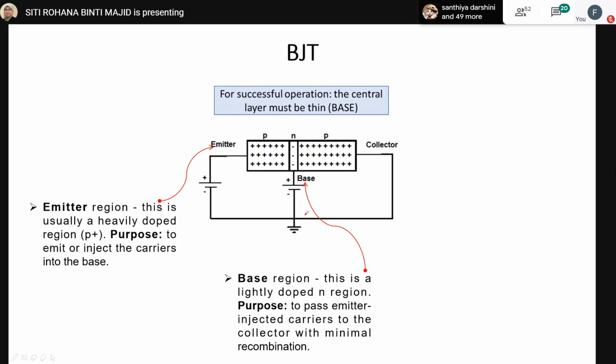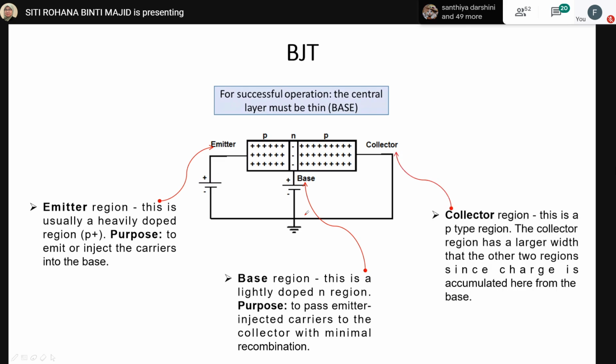So what is the function of the collector?